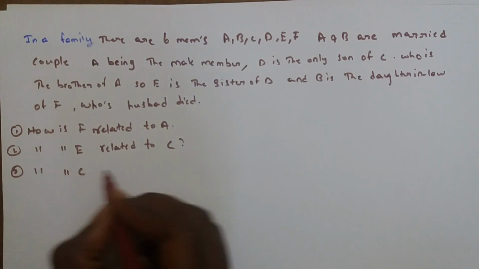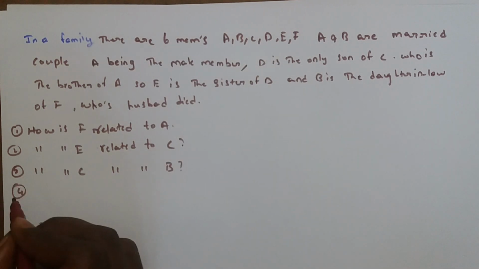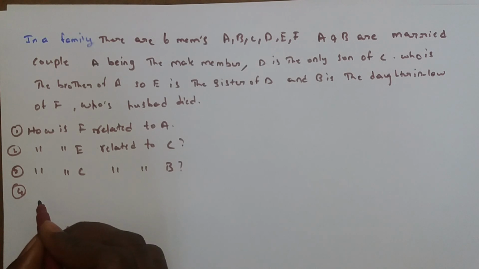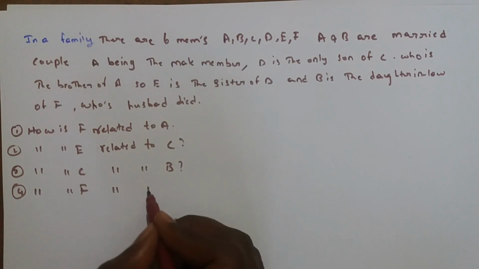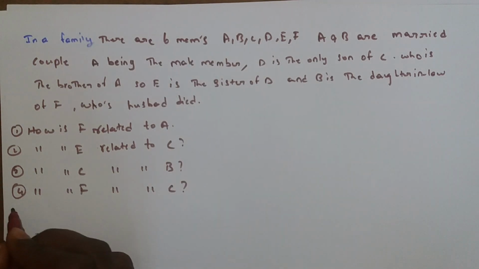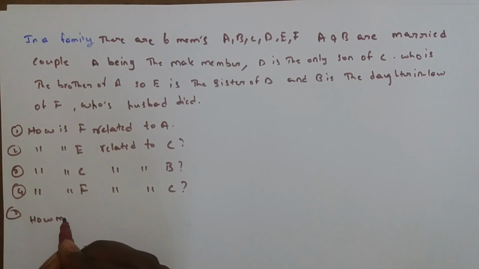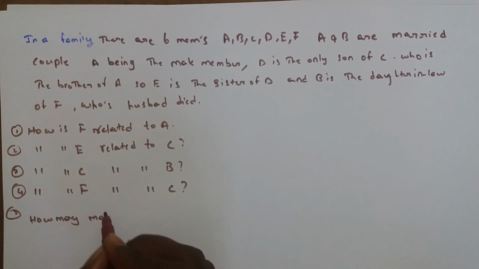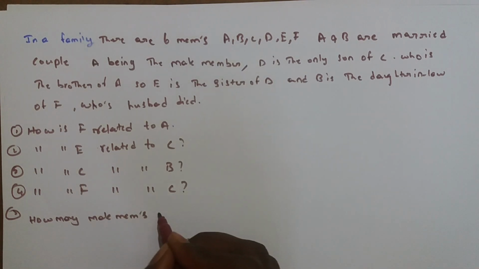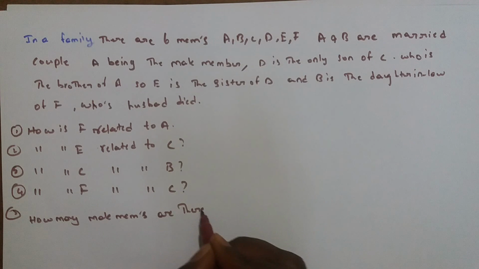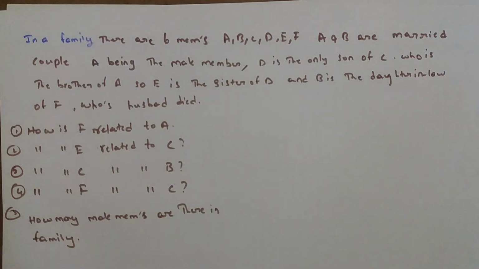Fourth, how is F related to C? And fifth, how many male members are there in the family?